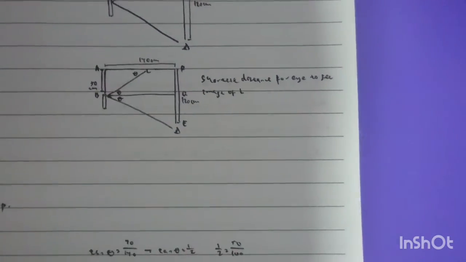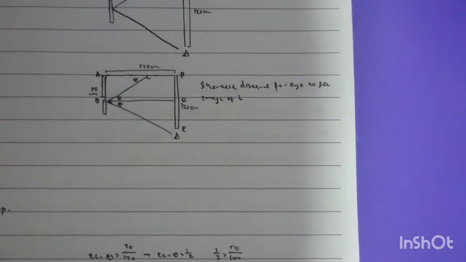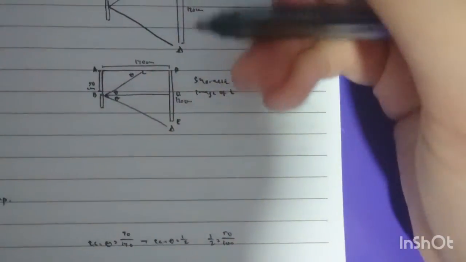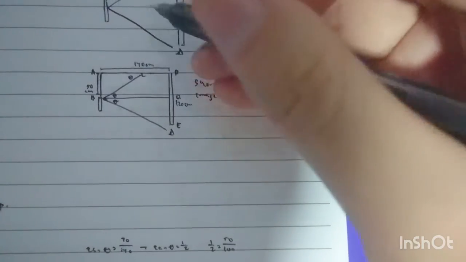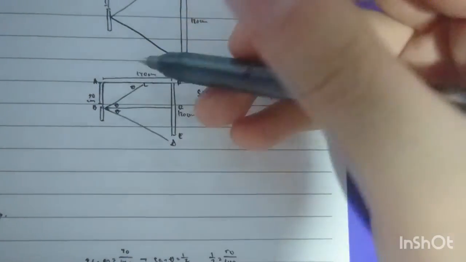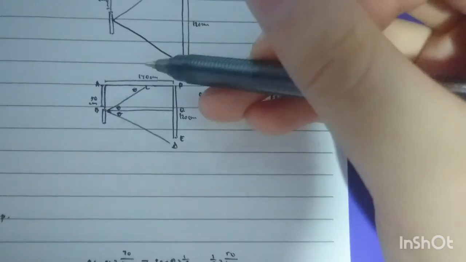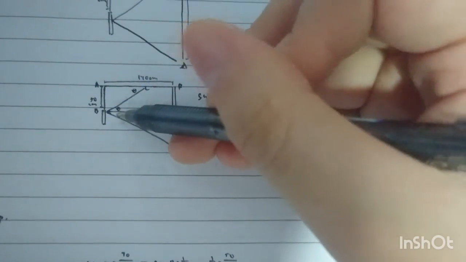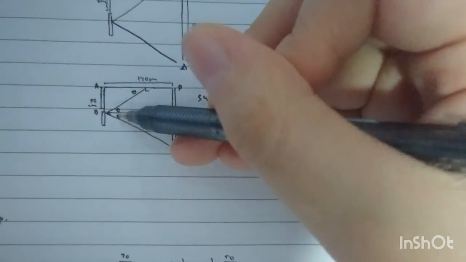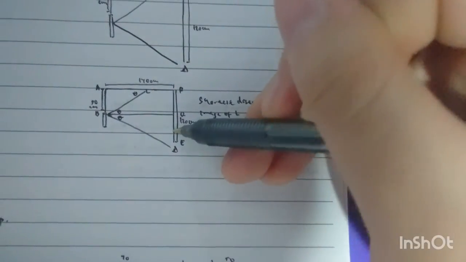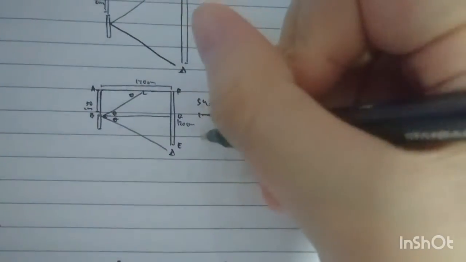Next. What is the shortest distance for the eye to see image L? Now, if we want to know this distance, we need to find this angle first, as the tangent of this angle is equal to opposite over adjacent.